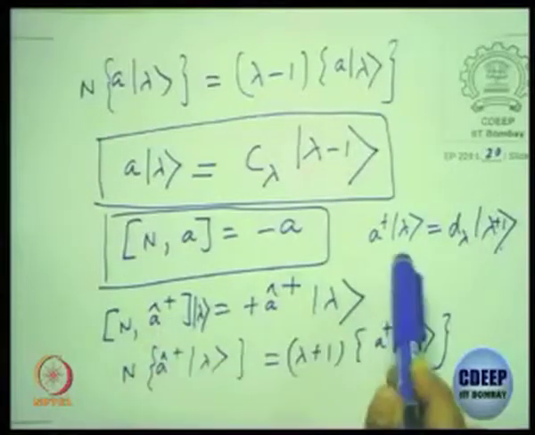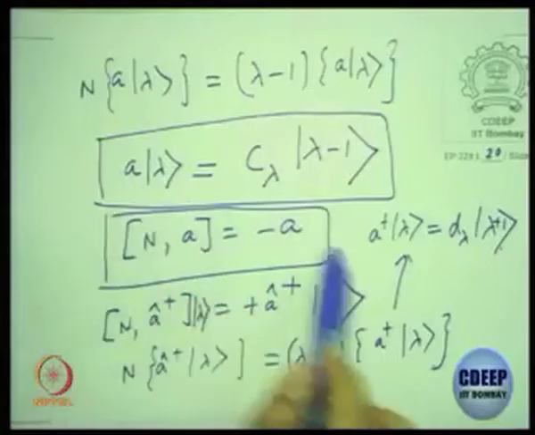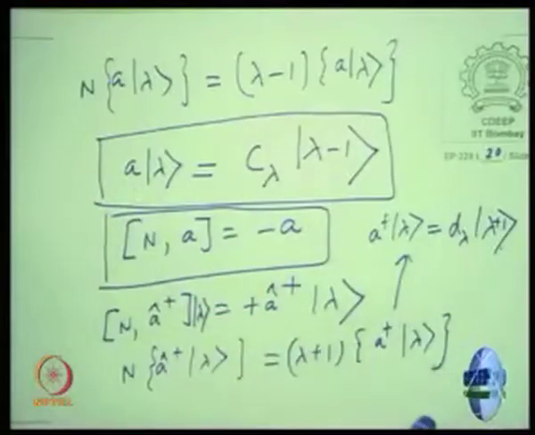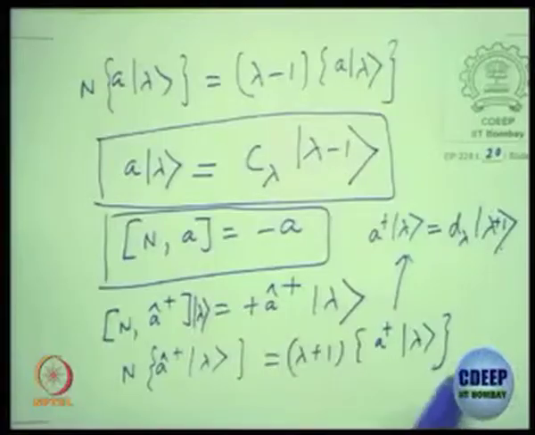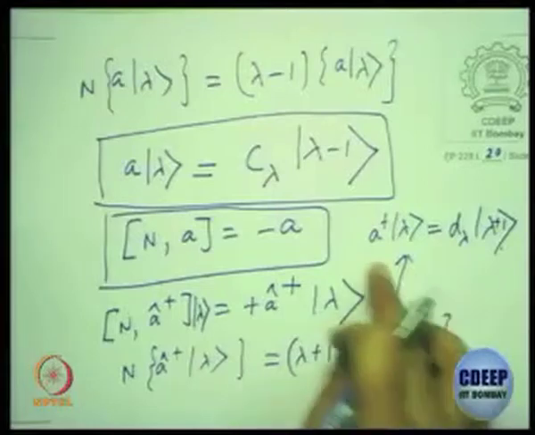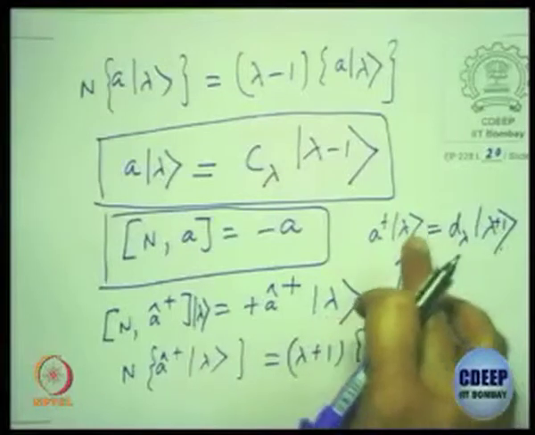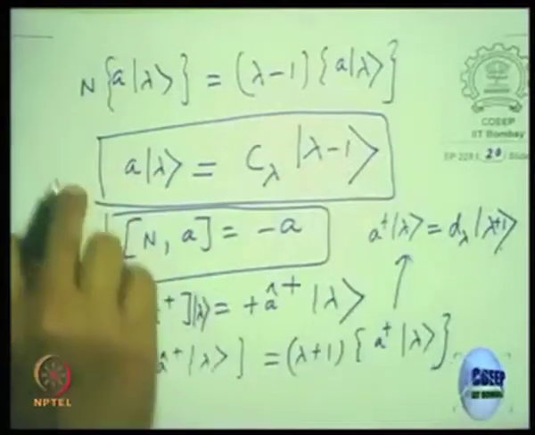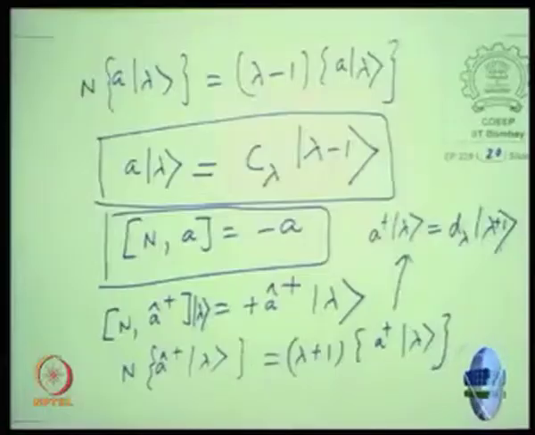But you can also see what A dagger A operating on a state lambda gives you. If you do A on lambda, it takes you to lambda minus 1. If you do A dagger here, it takes you back to lambda. So it is an eigenstate. Very consistent.